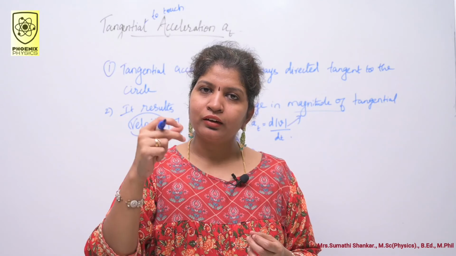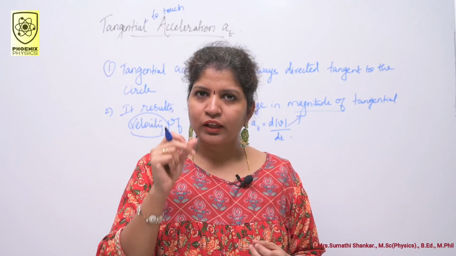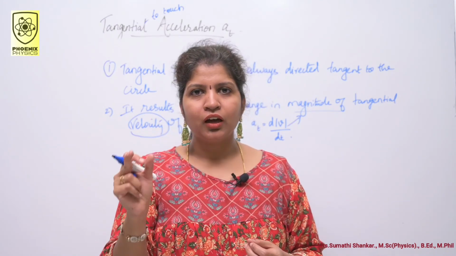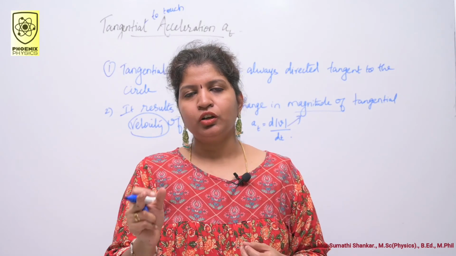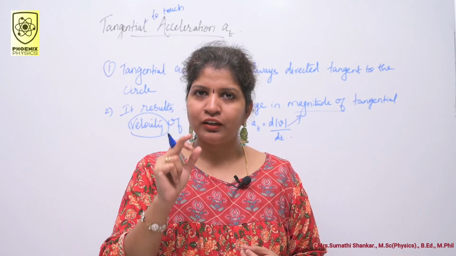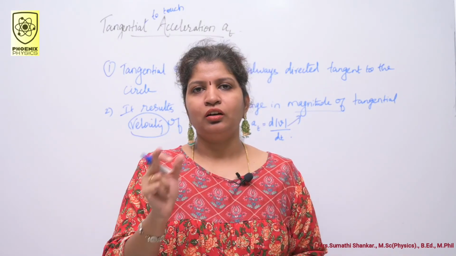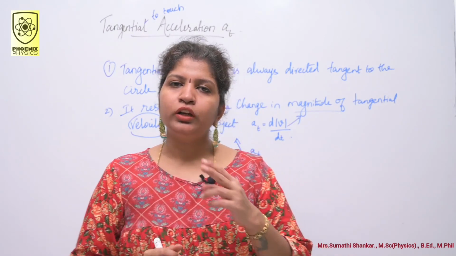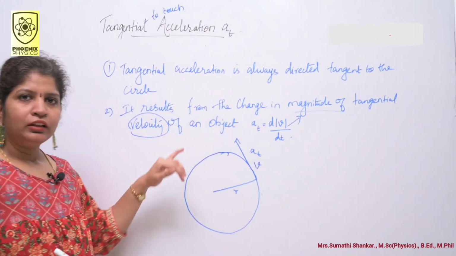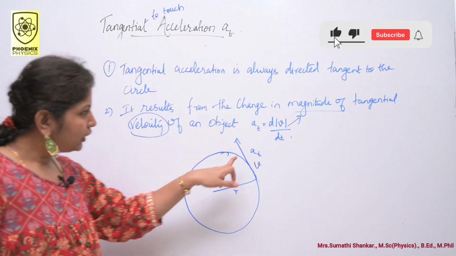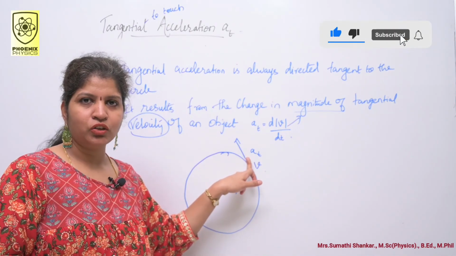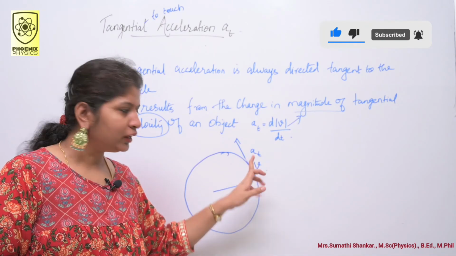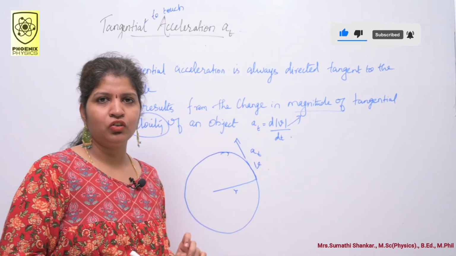By using the right hand thumb rule. According to that rule, omega and r are perpendicular to each other. That is why we are writing omega cross r, not r cross omega. Finally, we concluded two important points. Then we studied the direction of tangential acceleration. It is along the direction of tangential velocity.